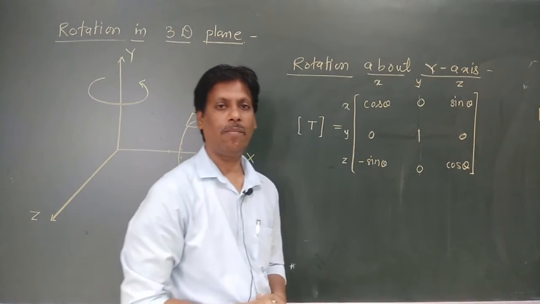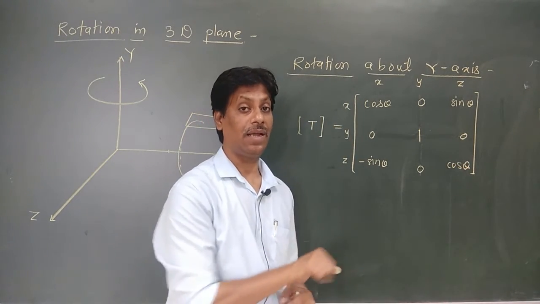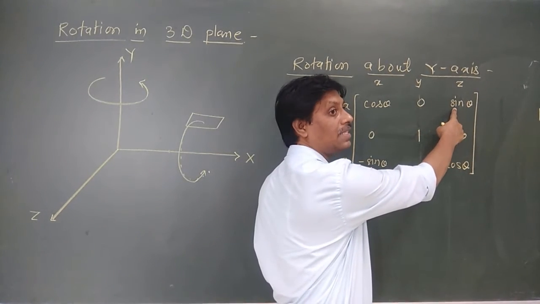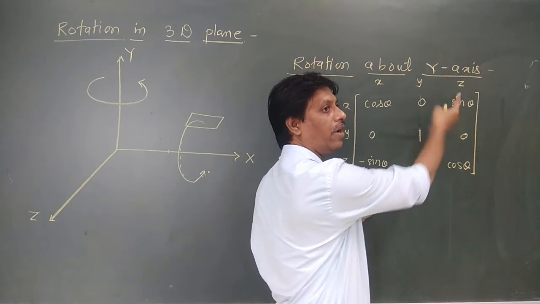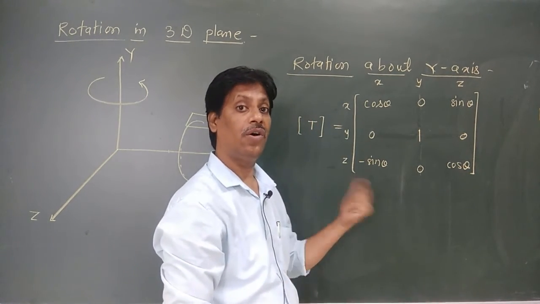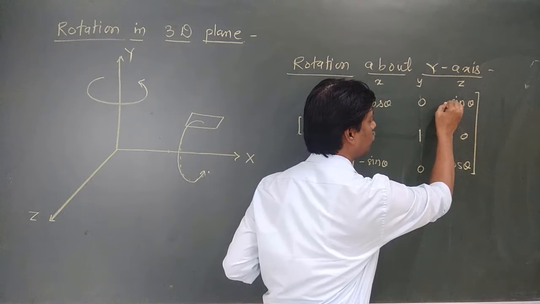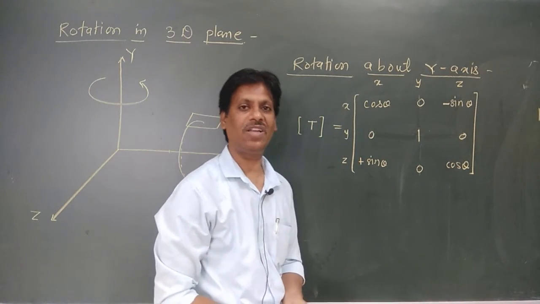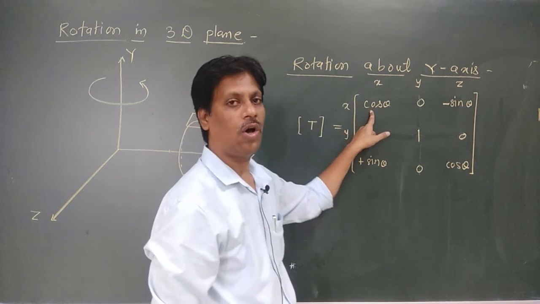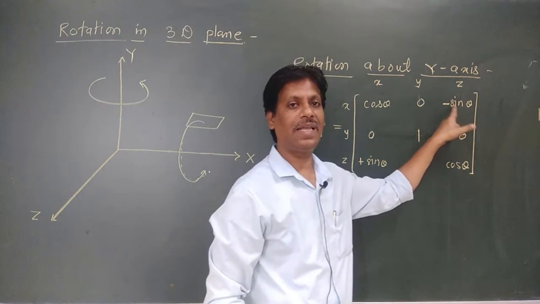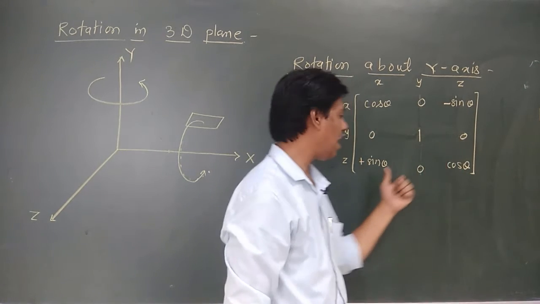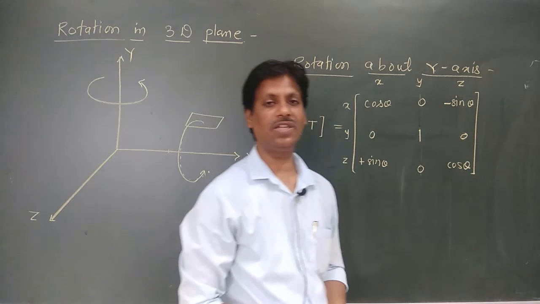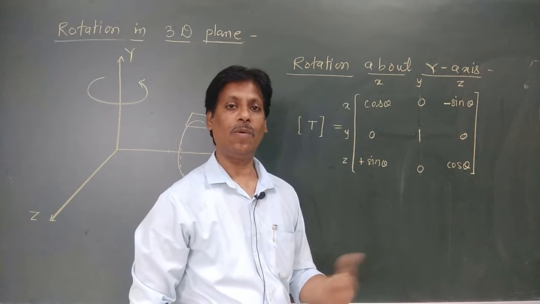But there is one change in the rotation about the y-axis: we have to change the sign of the sine terms. That means this sign should be negative and this should be positive. So your matrix for the rotation about the y-axis is cos theta 0 minus sin theta, 0 1 0, and then sin theta 0 cos theta. That is the rotation transformation matrix about the y-axis.